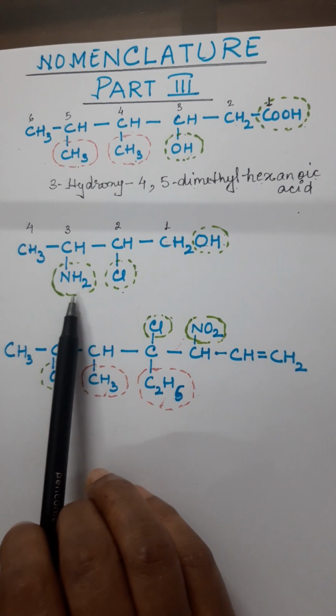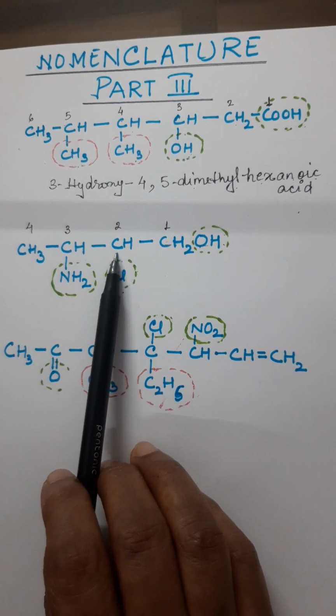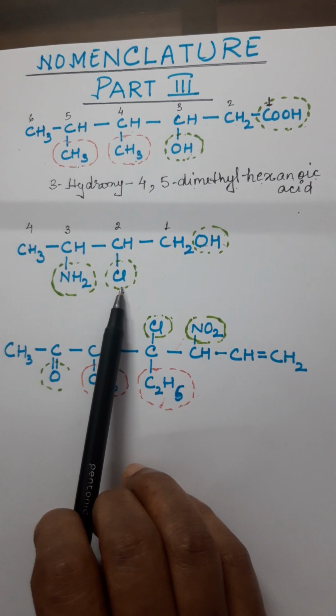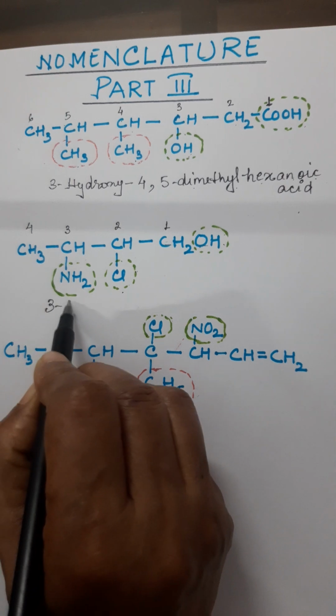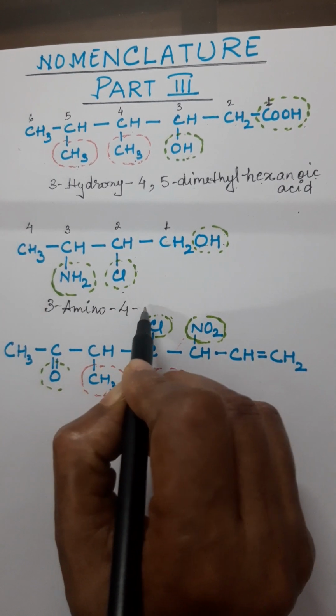Yes, remember the prefix of amine is amino and the prefix of this halogen is halo. So what will we call it? Chloro. So our naming would be 3 amino, 4 chloro.